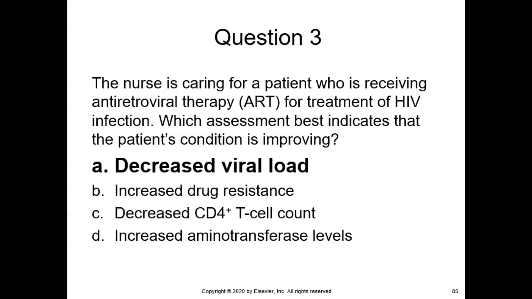The goal of antiretroviral therapy in the treatment of HIV are to decrease the viral load and then maintain or increase the CD4 count. So combination drugs are prescribed to prevent or decrease drug resistance. Some of these drugs may impair liver function, and increased aminotransferase levels indicate impaired liver function. So that would be undesired.